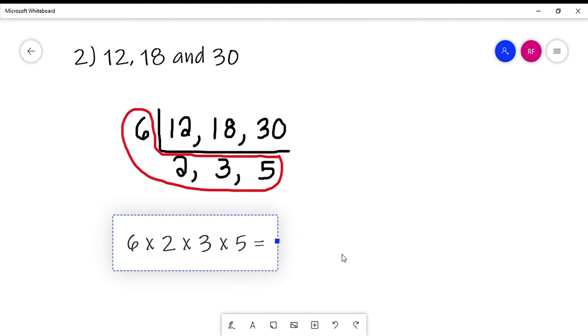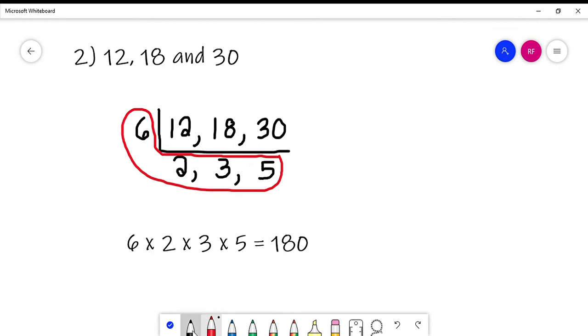Since we have 2 and 5, you can have 10 already, and 6 times 3 would be 18. So 18 times 10 would be 180. So that means our LCM is 180.